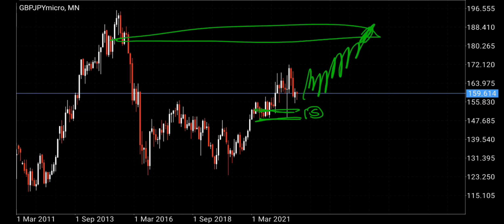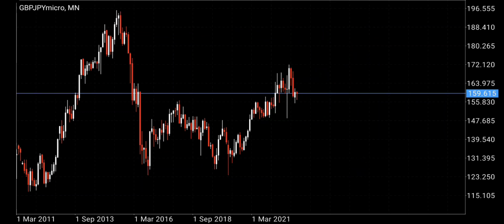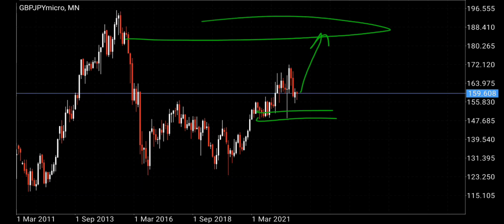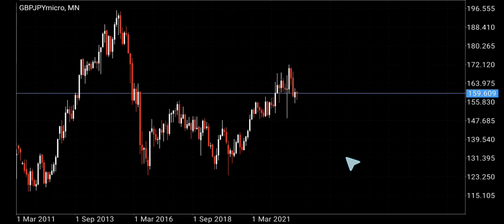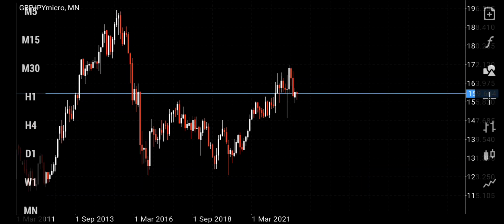But it's going to take a very long time. On a longer run, what we can see from this GJ is that we're bouncing from this and we're most likely going to go up until that. But remember, it's a monthly chart, which means the price does not necessarily have to take off immediately. We just need to say that on a longer run, this is what it seems like is going to happen.